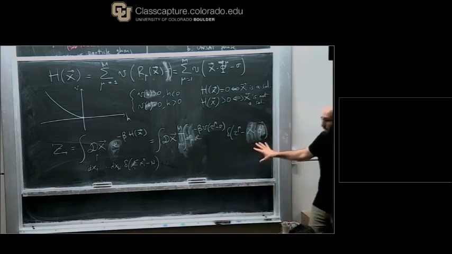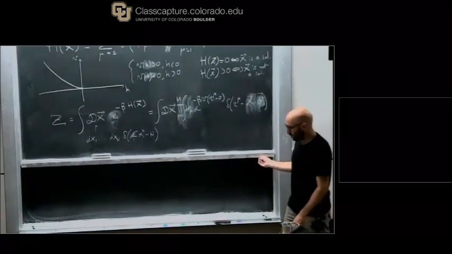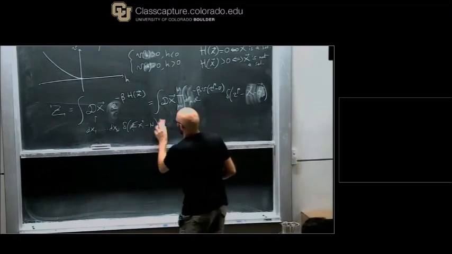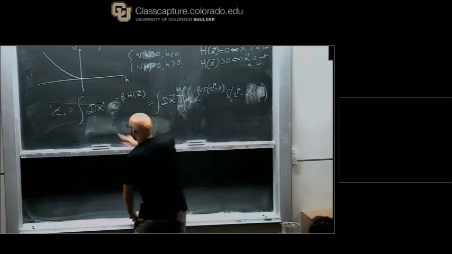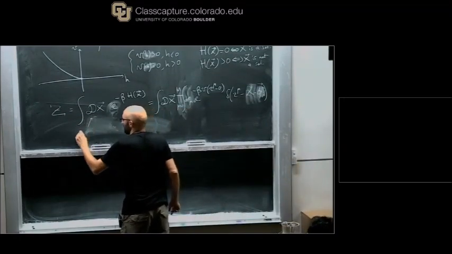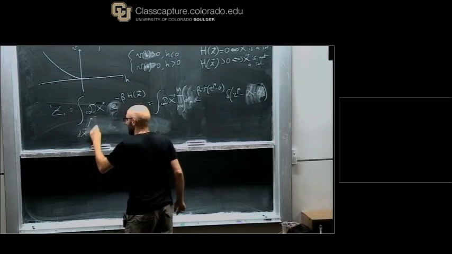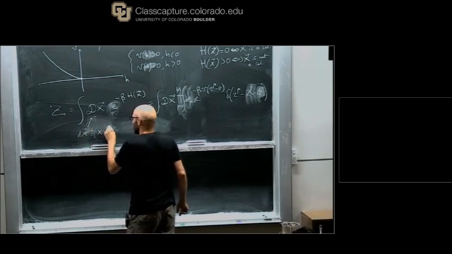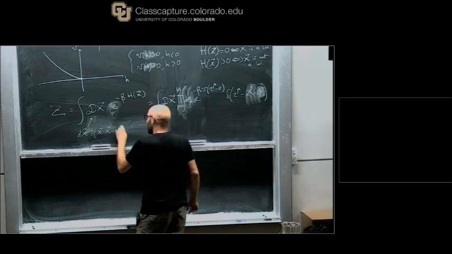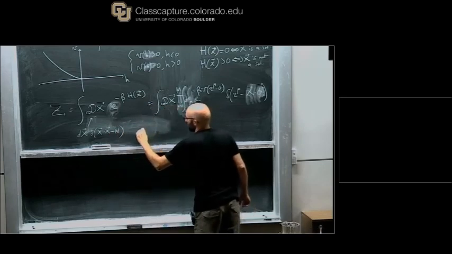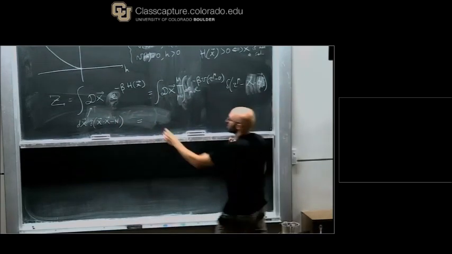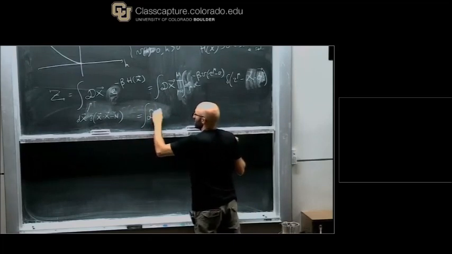Okay. And now I just need one more step. So you remember this integration measure is just dx times the delta. And now I will do just one additional step, which will be to write this as integral over dx.